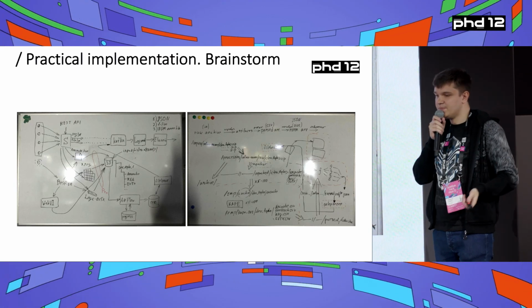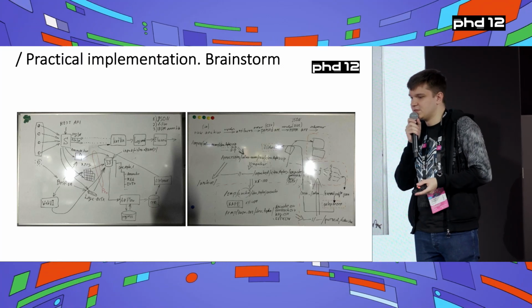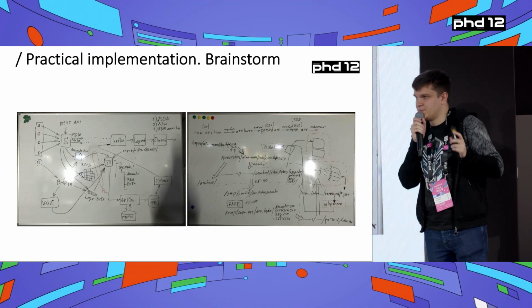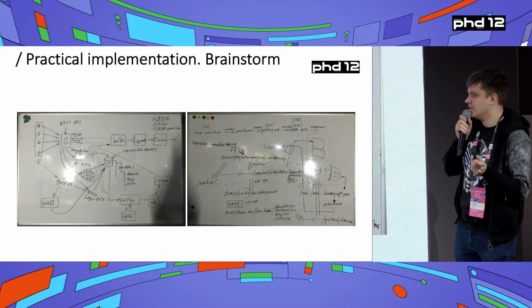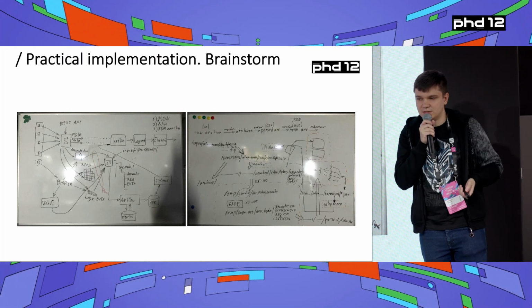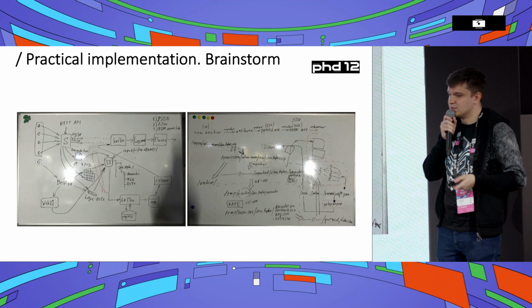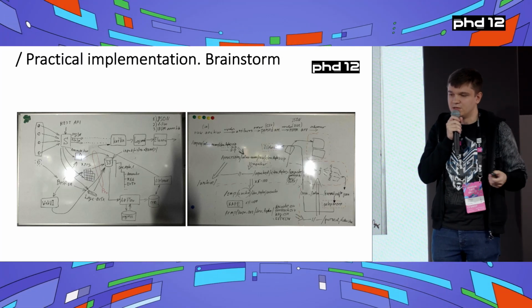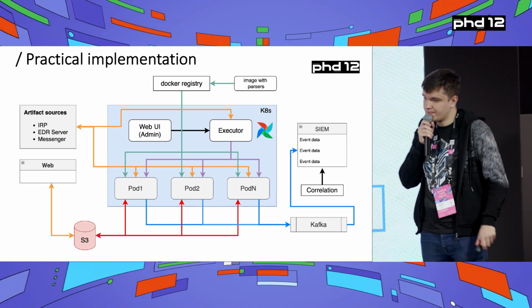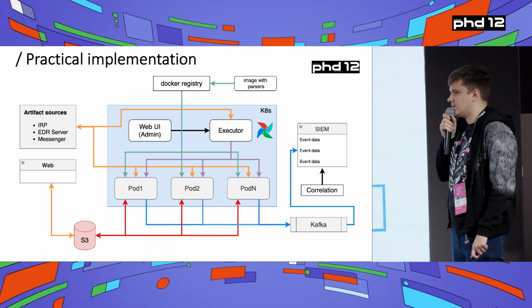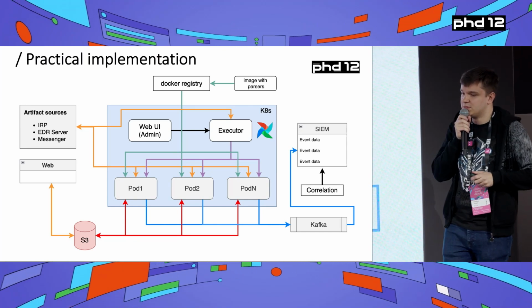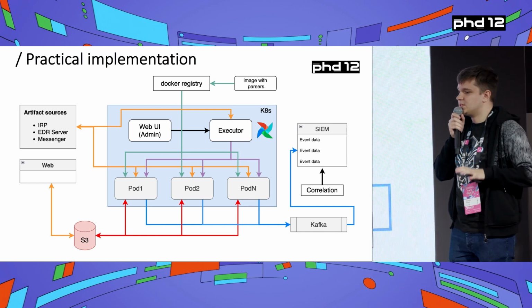When we started practical implementation, we had the brainstorm stage. We came up with some options. We tried to use some ready utilities, but then we decided that our own utility would be more useful. Another option was to further develop some open source options. Okay, the infrastructure service was a really important thing.